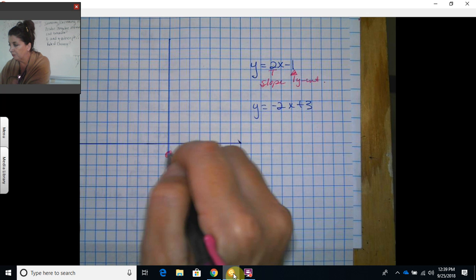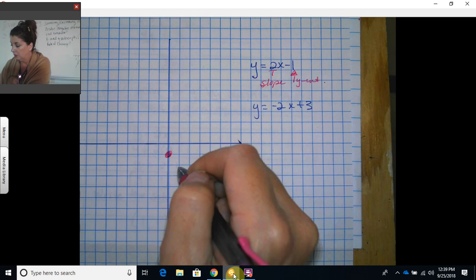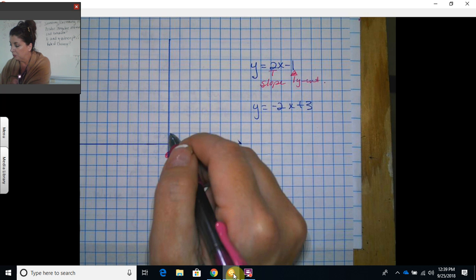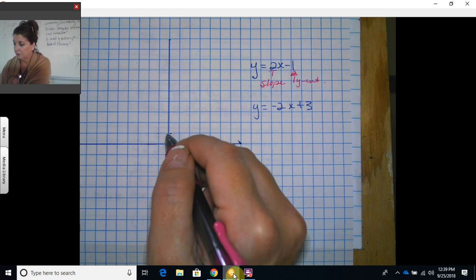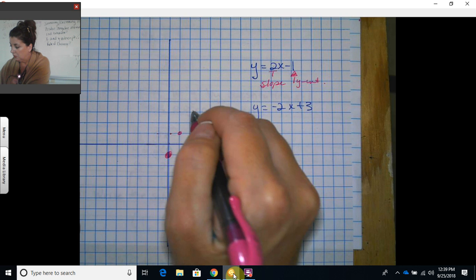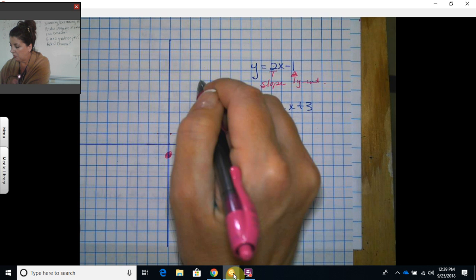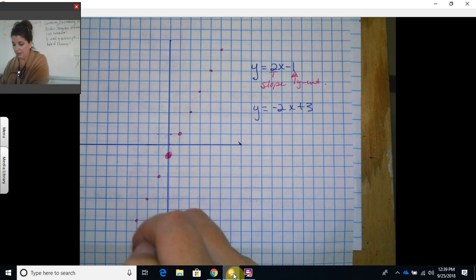My slope is positive 2. So I have a rise of 2, a run of 1. If I need a positive slope, would I go left 1 or right 1? To the right 1. Rise of 2, run of 1. If I went up 2 and to the left, it would make a negative slope. If I go down 2, I would go to the left. Okay?